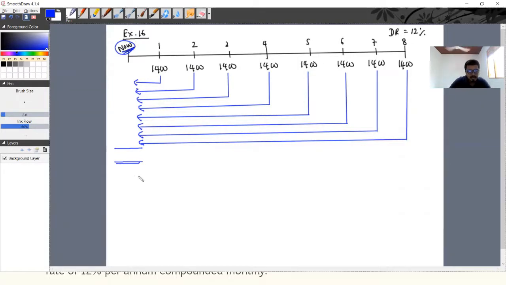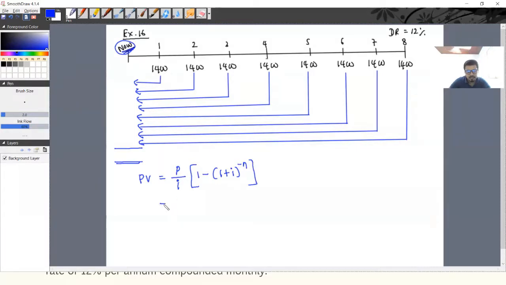In an annuity, to find the present value, we can use this formula: P over I into 1 minus 1 plus I to the power minus n.